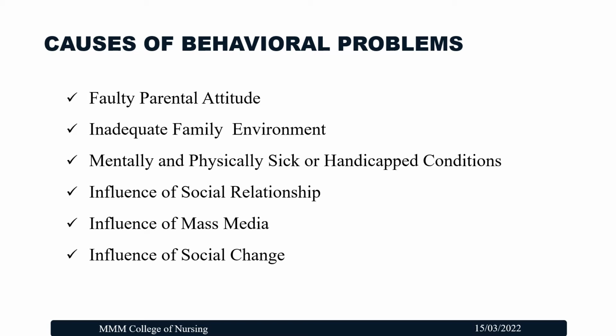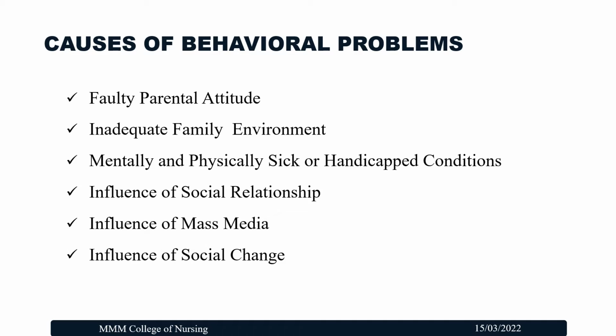Next, we can move on to the causes of behavioral problems. The first is faulty parental attitude, which means failing to understand the child's mind and not spending time with the children. All this affects the child's behavior. Another cause is an inadequate family environment, which does not provide emotional support or give the child an opportunity to ventilate.